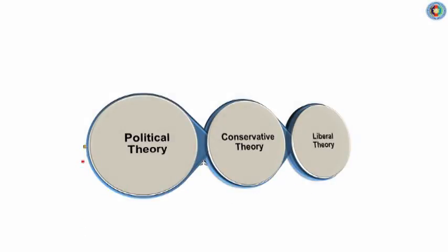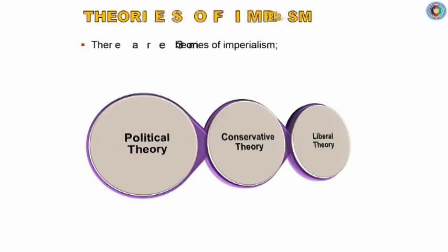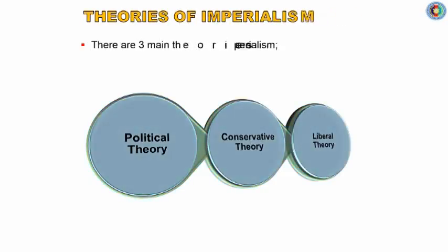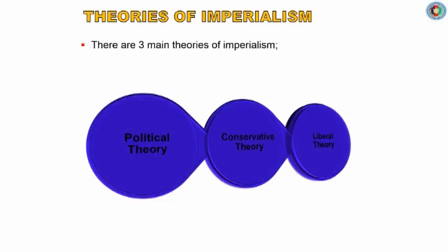There are three main theories of imperialism. First is political theory, second is conservative theory, and the third one is liberal theory.